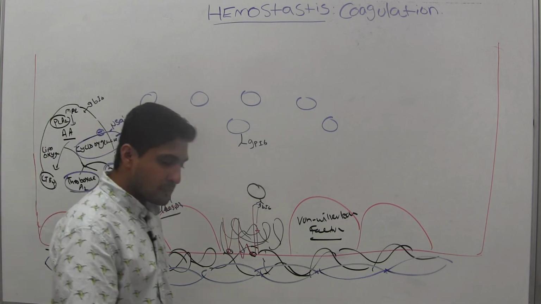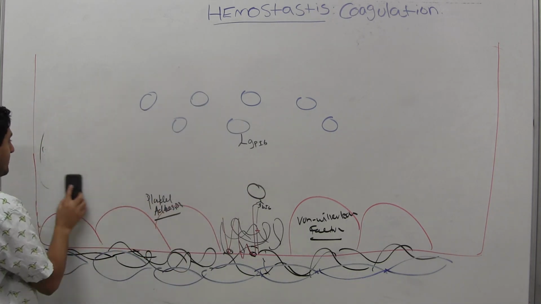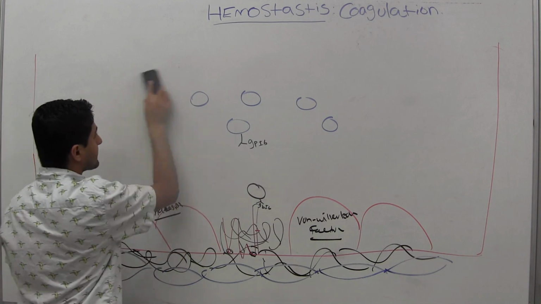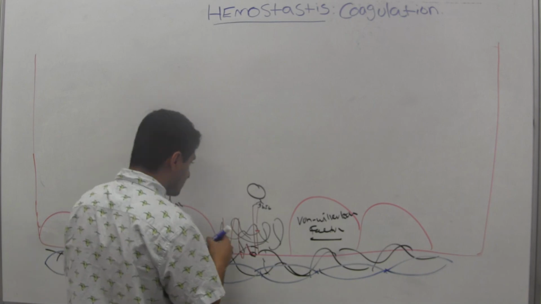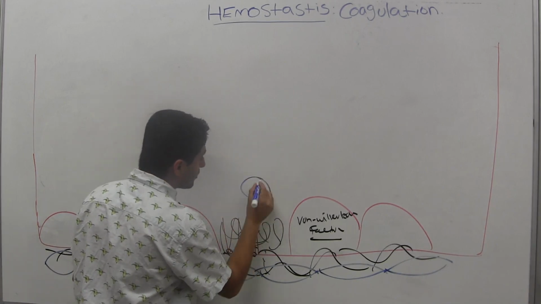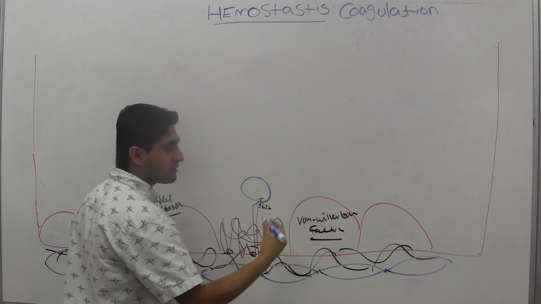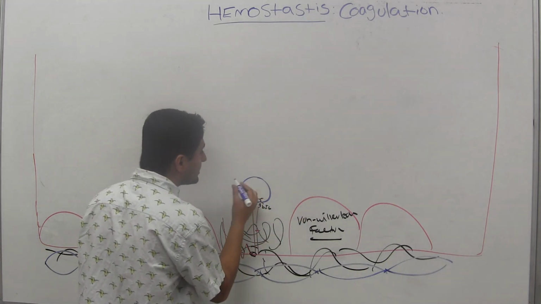Now, after this, what's going to happen? Let me erase this, guys. Now, as this platelet is getting swollen up, let me make this platelet really big, the swollen platelet starts the release reaction, releasing from its granules.